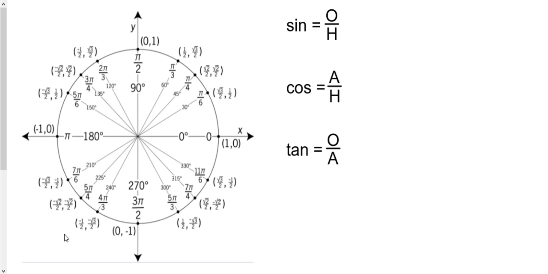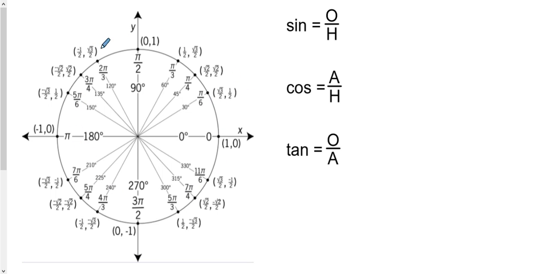All right. Now, here we have the unit circle, and this is a fully kitted out, fully labeled unit circle with all the sines and all the cosines and all the tangents. You've got all of the degree measures here in the very center, and all the radian measures right here.